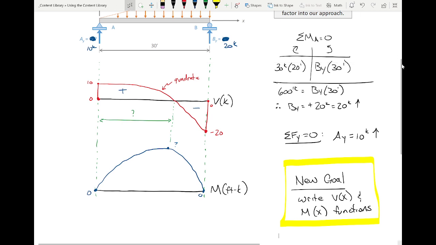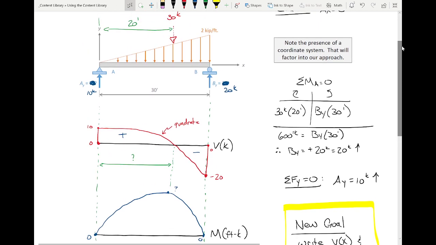glossed over in this problem is, do you see something on the beam that we've never written before? What's up here? The coordinate system, I've got a y and x axis, right? Okay? Now, I'm just going to write something here on the board. I'll reference it later.